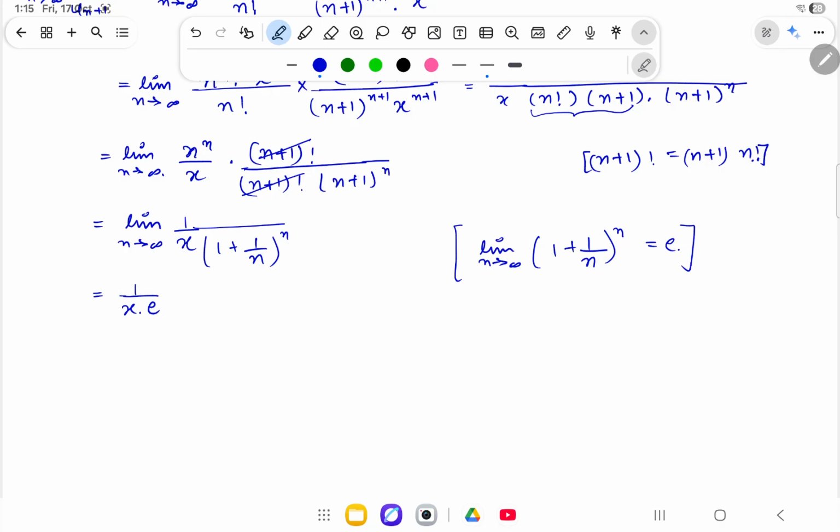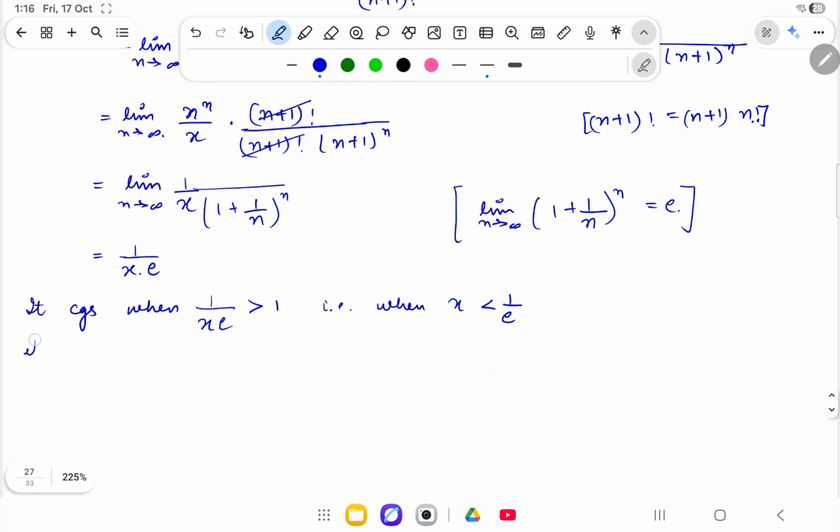Now we know that the ratio test converges when the limit turns out to be greater than 1. So it converges when the limit, that is 1 by xe in our case, is greater than 1, that is when x is less than 1 by e, and it diverges when our limit, that is 1 by xe, is less than 1, that is when x is greater than 1 by e.